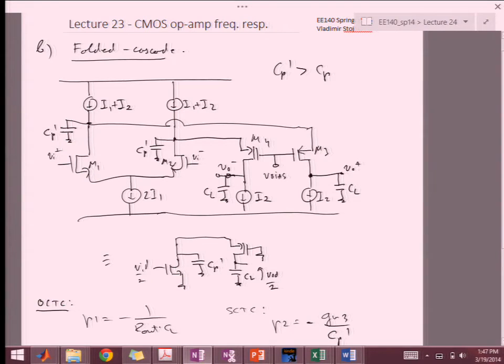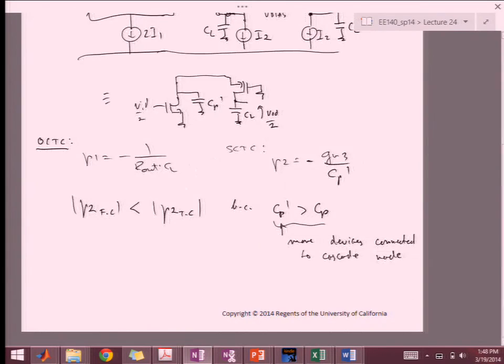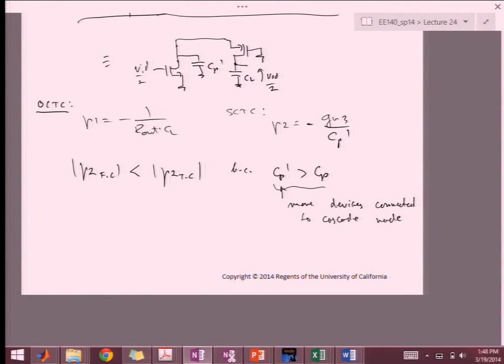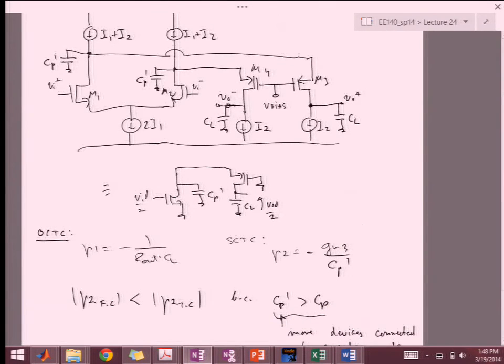Plus I have now the interconnect that has to go from N to P, and then I have a P device. And as well, if I'm trying to keep GM3 the same in both scenarios, I will need to have a larger, because my KP is smaller, I have to have a larger W over L.